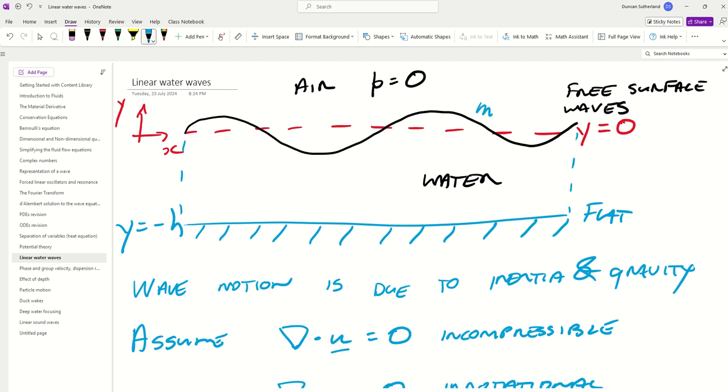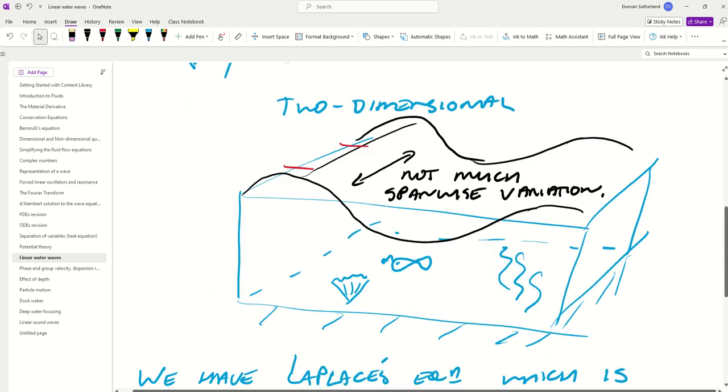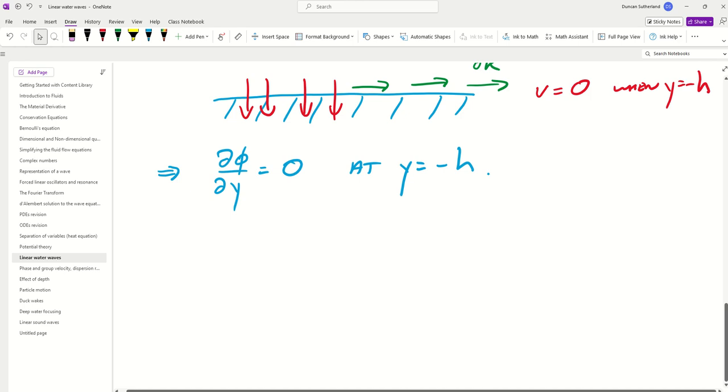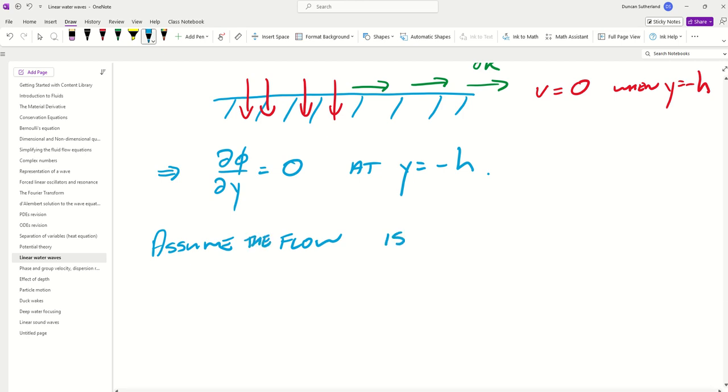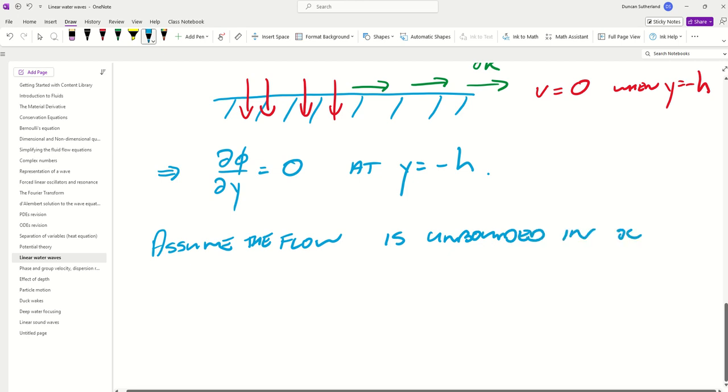We're actually going to assume that the flow is unbounded in X. That is that X is defined like that.